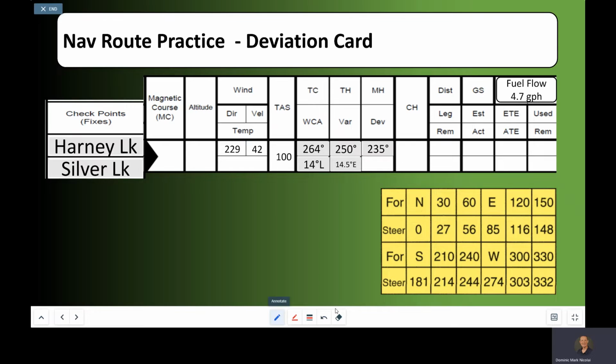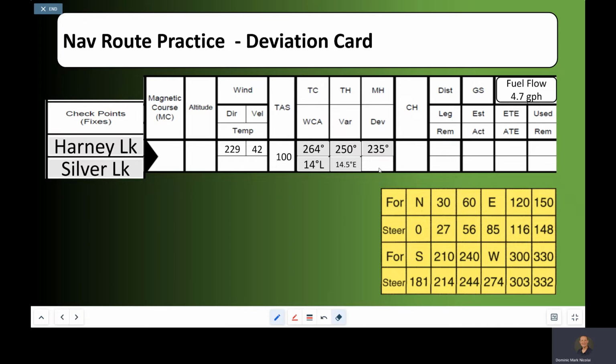And the idea is if you want to fly a certain direction, let's say you wanted to fly a direction of 030, so northeast, you would actually steer the aircraft 3 degrees left. And so your deviation would be 3 degrees left or minus 3 degrees. So that's how we work it.